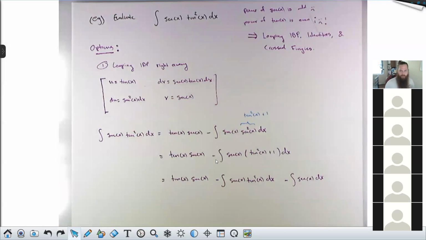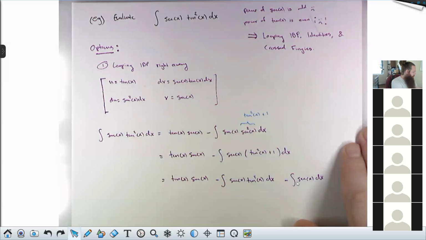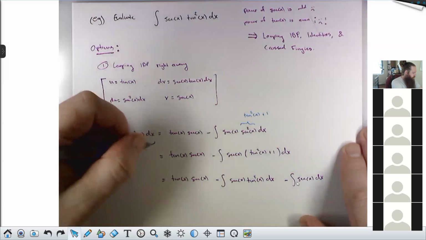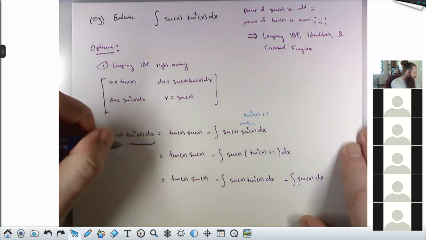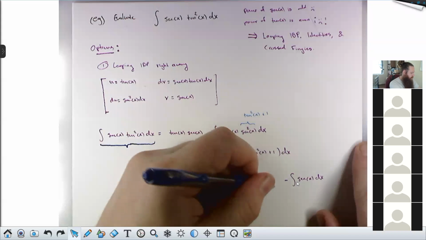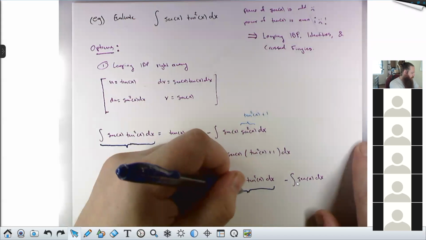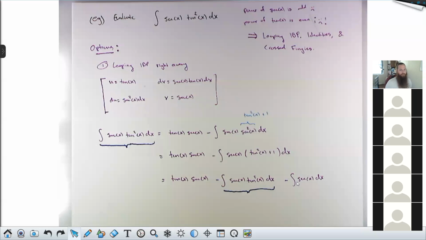So distributing the secant, distributing the negative, and splitting up the integral takes this to these. And now you take a step back and you realize you've got here my original integral. And you've got here my original integral. The problem has looped.